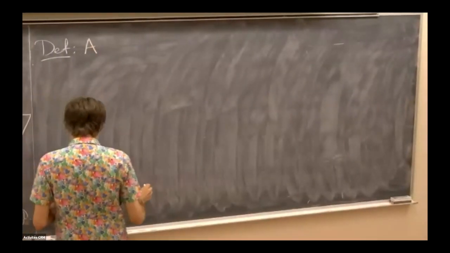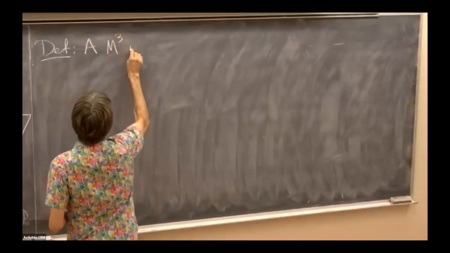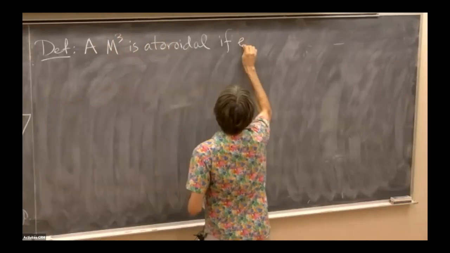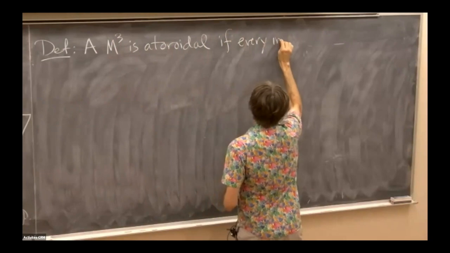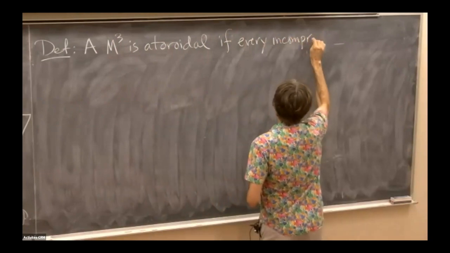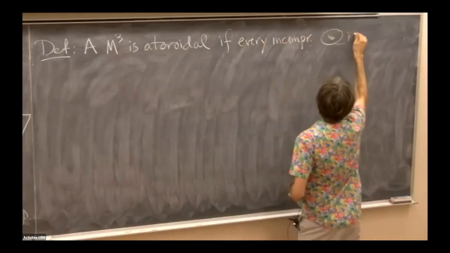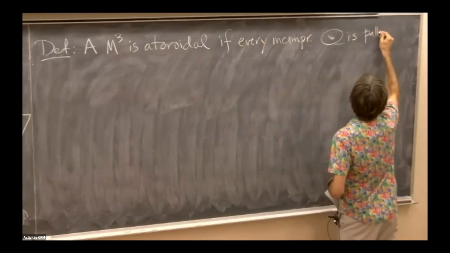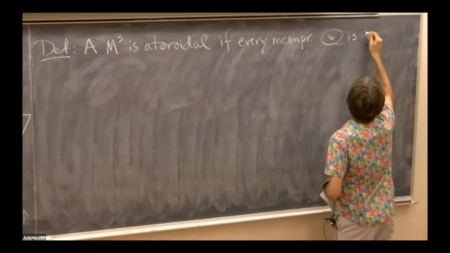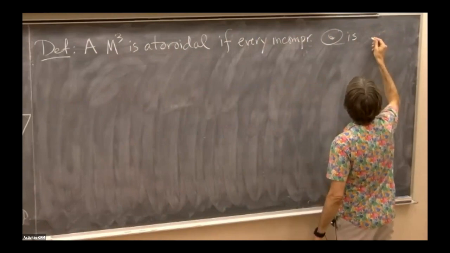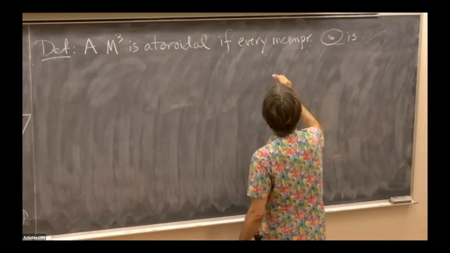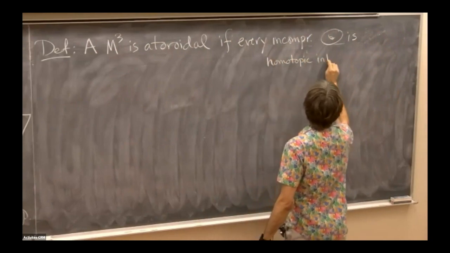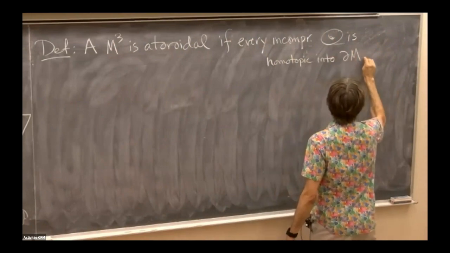So a three manifold, I just need a definition: atoroidal if every incompressible torus is parallel, let's just say homotopic, into the boundary of the manifold.